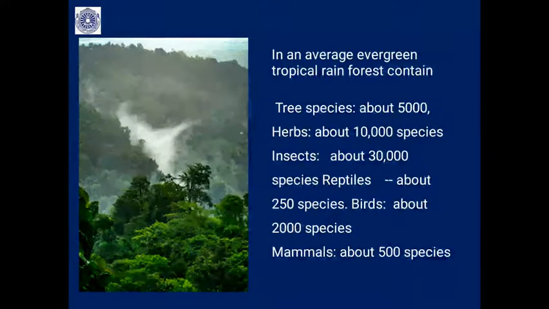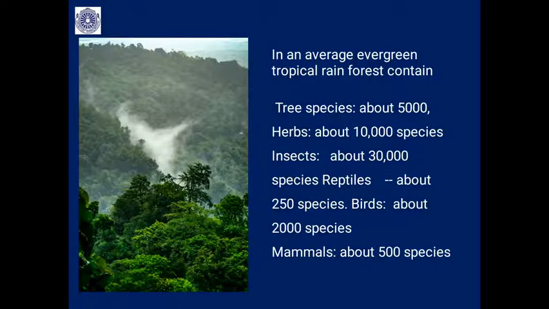So, on average, an evergreen tropical rainforest contains about 5,000 tree species, 10,000 herbal species, more than 30,000 insect species, 250 reptile species, more than 2,000 bird species and more than 500 mammalian species. So, this is the richness of the tropical rainforest.